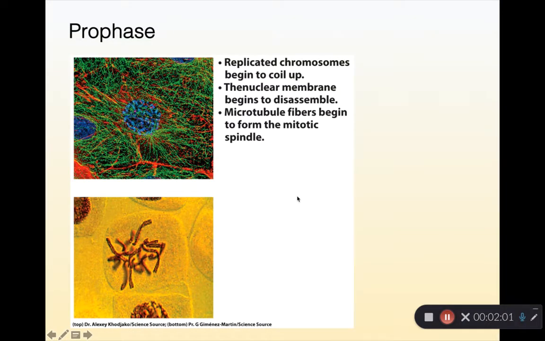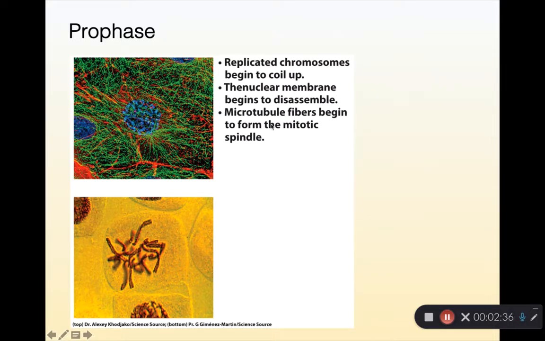But when we start to move into prophase, we start to see something a little bit different. We start to see that these chromosomes, which now have two sister chromatids, are getting bunched up. You can see how compared to the previous slide, the chromosomes are much more bundled together. And importantly, the nuclear membrane starts to disassemble so that the sister chromatids can start to move around the cell.